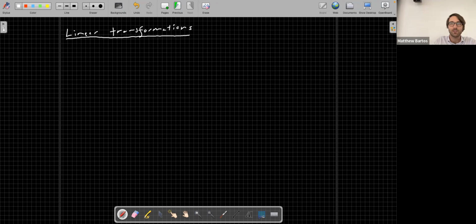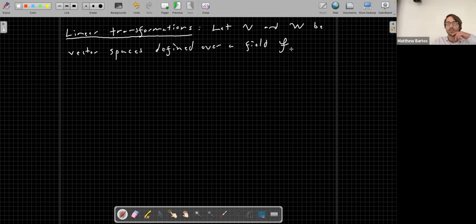So a linear transformation, let's say we have vector spaces V and W. So let V and W be vector spaces defined over a field F. Okay. Then we can define a linear transformation, which I'll call L. This is a mapping from V to W. So it takes vectors from V and it maps them to some vector in W.